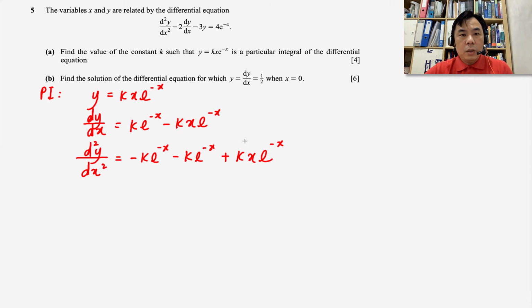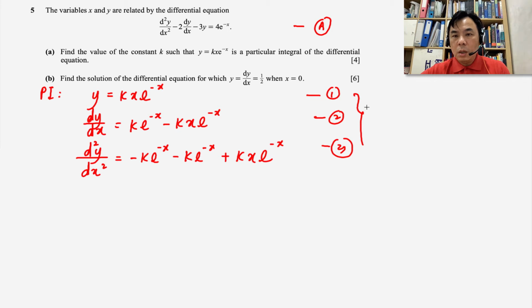Okay, now next, all we need to do is just substitute equation 1, equation 2, and equation 3 into the main differential equation. So we're going to substitute all this into here. And then using comparison methods, we hope that we can obtain the value for k in this case.